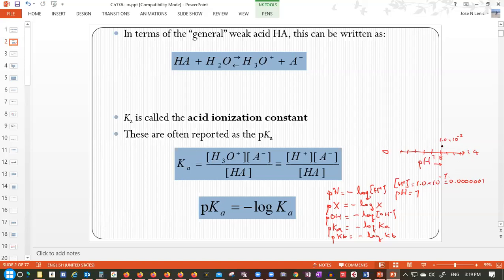So we have to be careful with the scale. The scale is logarithmic. So that means the concentration of H plus on pH 7 is 10 times bigger than the concentration of H plus for a solution that has pH 8, and so on and so forth.